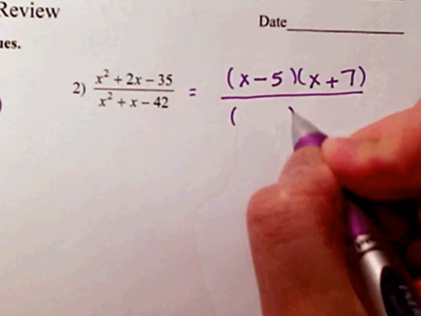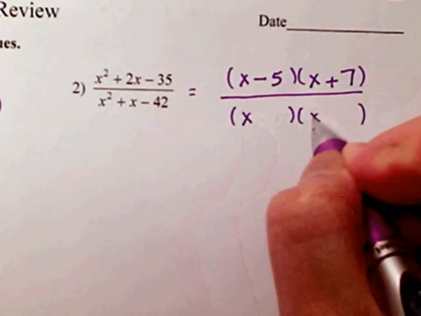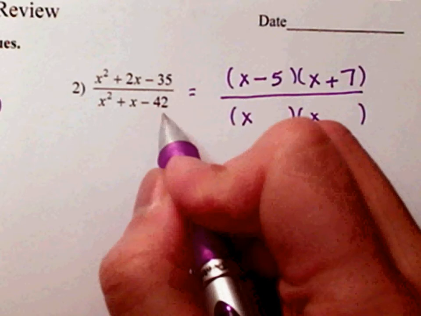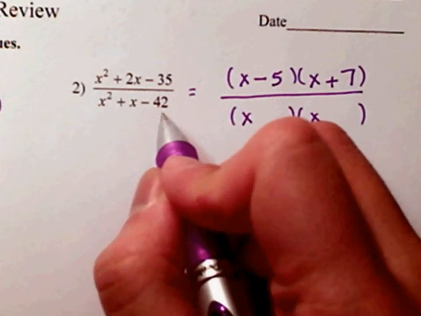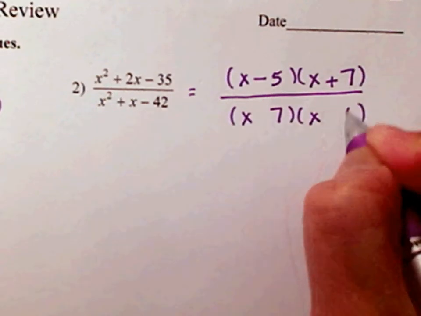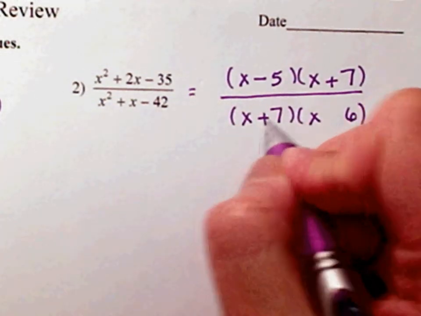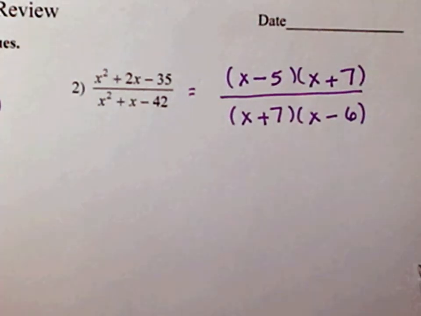Your denominator, factor that as well. Factors of x squared, x, and x. 2 numbers multiplied to give you negative 42 and is going to subtract to give you 1, 7, and 6. Since this one is a positive 1x, 7 will be positive, 6 will be negative.